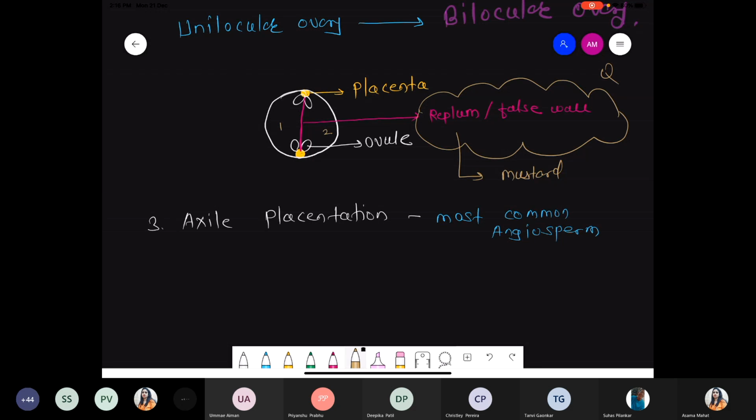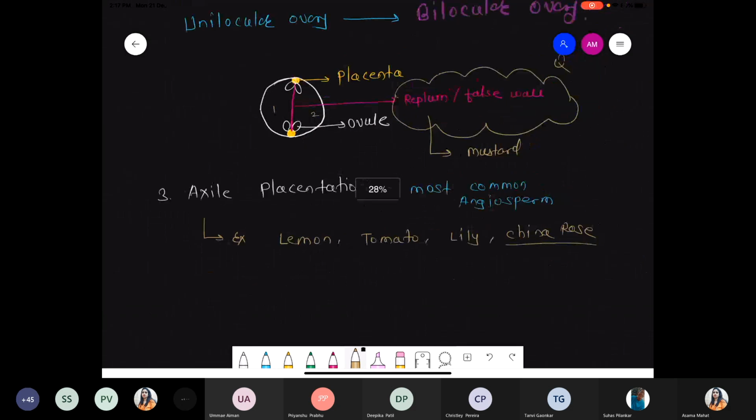And if you want the example, you can write down. Example, basically we are taking lemon, tomatoes, lily, China rose. See how many times China rose will come. Boycott China and here China rose. Okay, China rose.